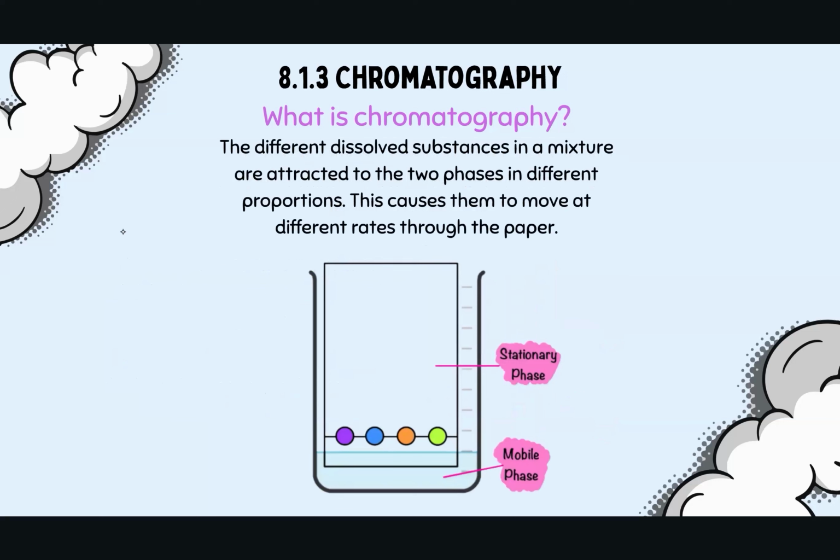Now, the different dissolved substances in a mixture are attracted to the two phases in different proportions. This causes them to move at different rates through the paper.